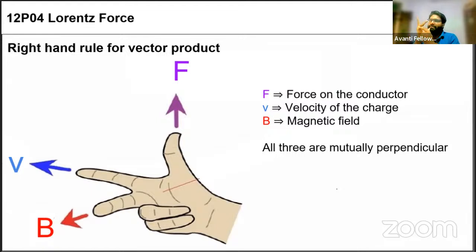You can see that these two are perpendicular to each other, these two are also perpendicular, and this middle finger and this thumb are also perpendicular. So all three are mutually perpendicular. Clear? And always remember which hand you have to use. This is the right hand. ठीक है.